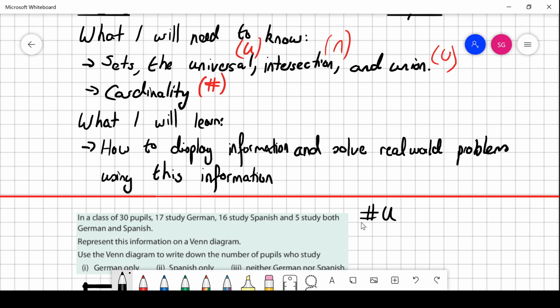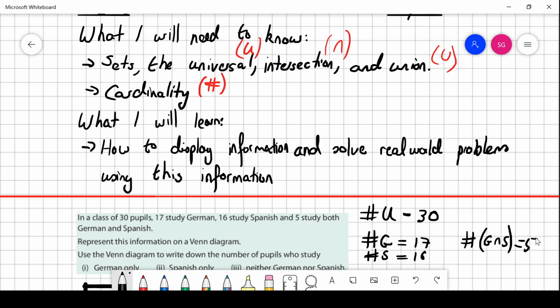The universal is going to be the class. The universal is 30. Number of German speaking students, 17. Number of Spanish speaking students, 16. And then the number of students studying both German and Spanish is 5, okay?